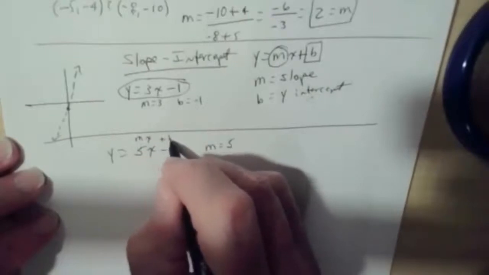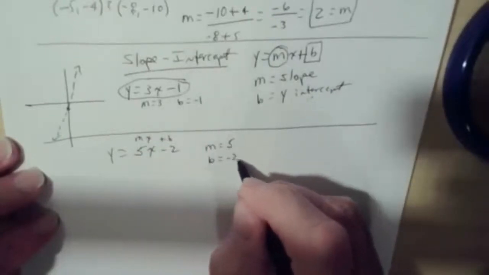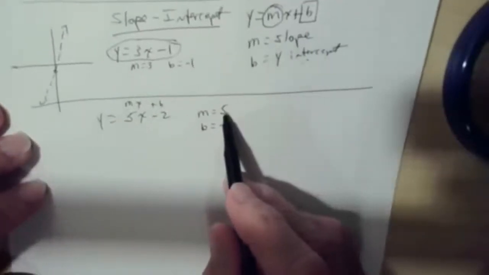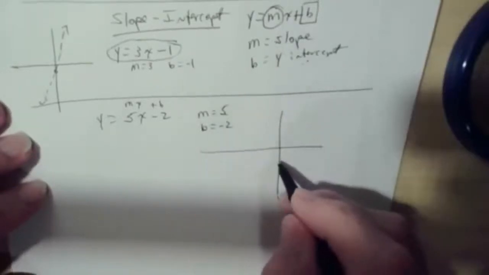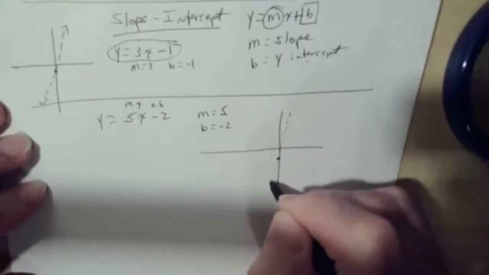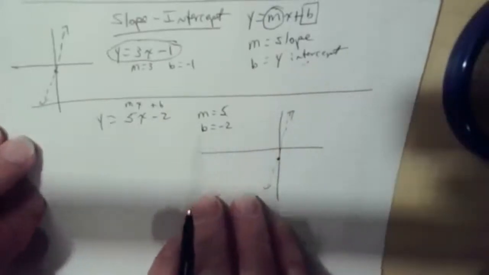And our y-intercept is -2. And again, if we were to graph that, it's going to be very steep, going up and to the right, crossing the y-axis at -2. So it would look kind of like that, except it's a straight line and not this horrible thing that I've written.